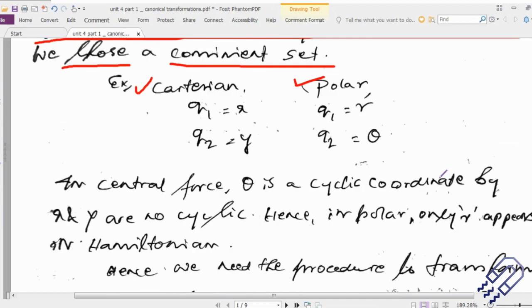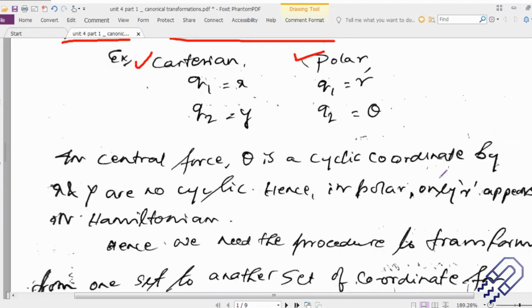Let's say we are finding the equation of motion and we write down the Hamiltonian of a system. We do observe a number of times that theta, which is part of the polar coordinates, will be cyclic. That means it is not appearing in the Hamiltonian or in the equation of motion that we're talking about. But if you write it in terms of x and y, they are not cyclic.